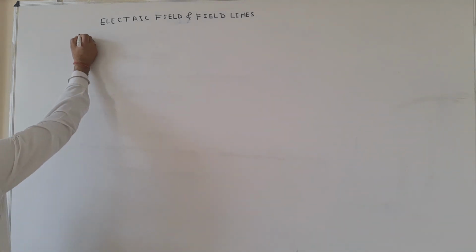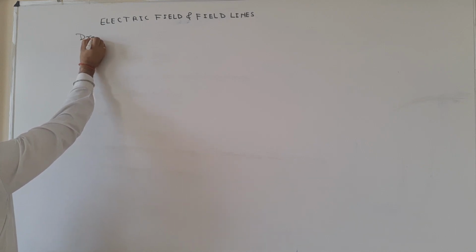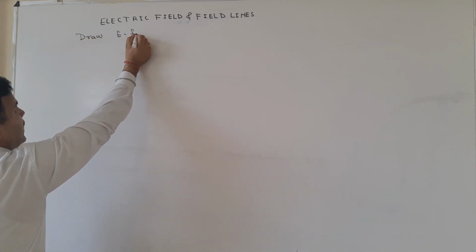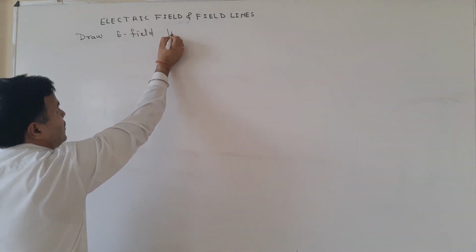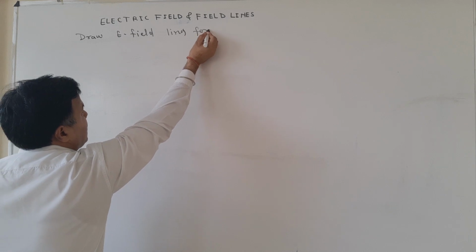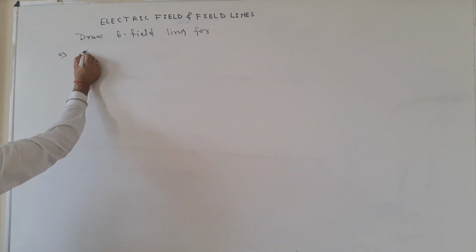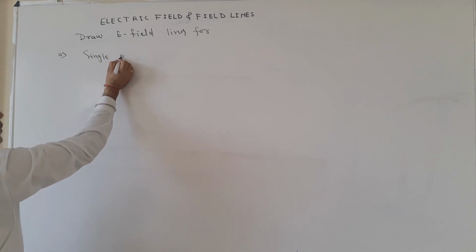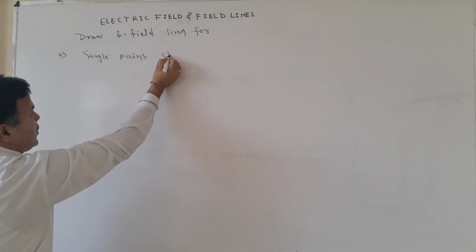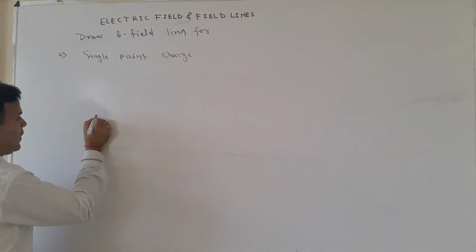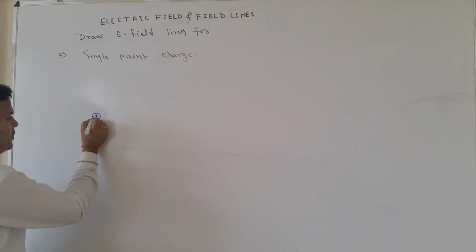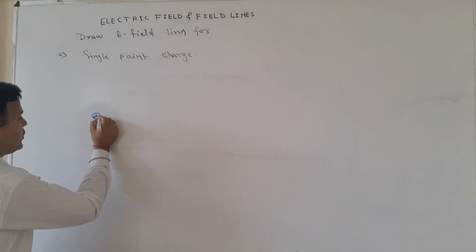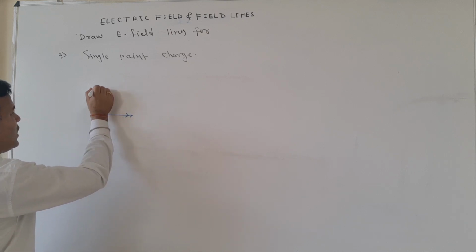Let us draw the electric field lines for case 1, single point charge. If we have a plus Q charge, what is the nature of electric field?